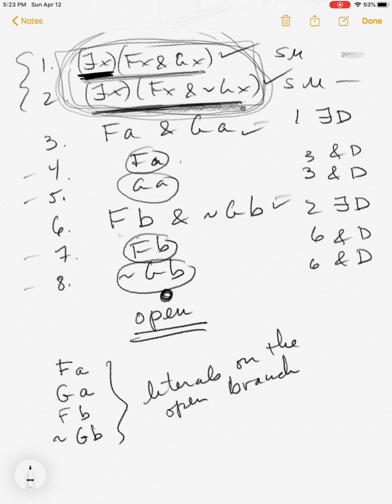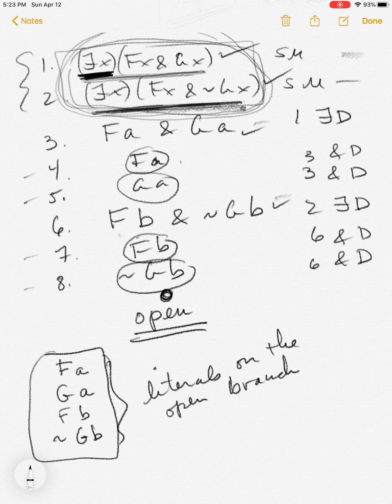So here's something cool about trees for sets of sentences of PL. From those literals, there's kind of a recipe for constructing an interpretation. So this is a cool way of actually checking your work. It's also a cool way of constructing interpretations that show that sets of sentences are consistent. Okay, so how are we going to do it?